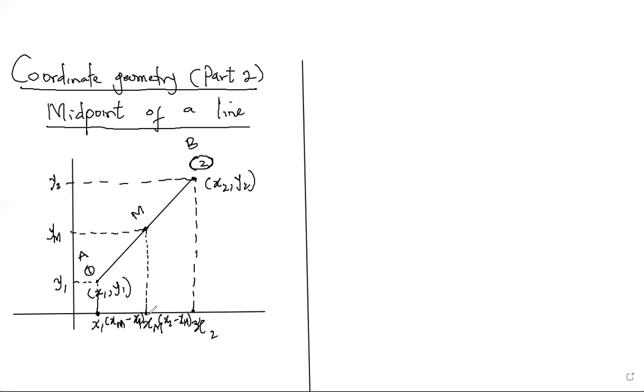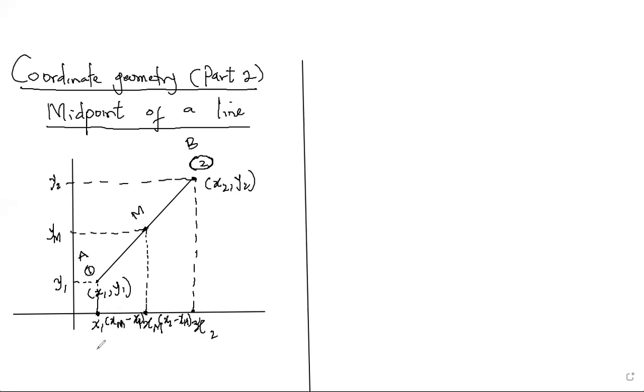Now, if this point M is truly the midpoint of the line, it means that the distance from here to here will be equal to from here to here. They must be of the same length. It means that this point divides this line into 2 equal parts, if this point is truly the middle.